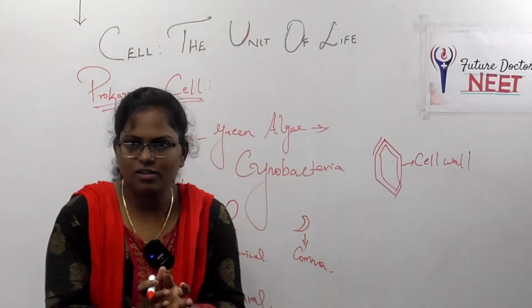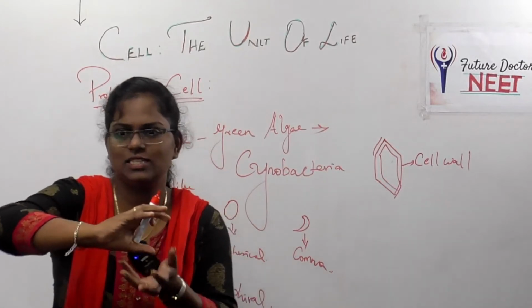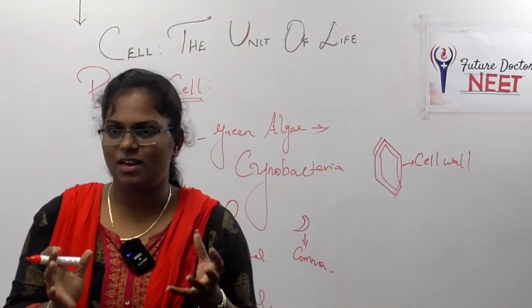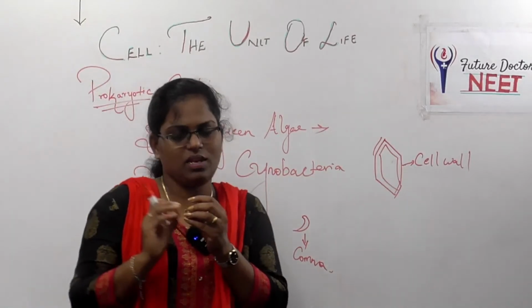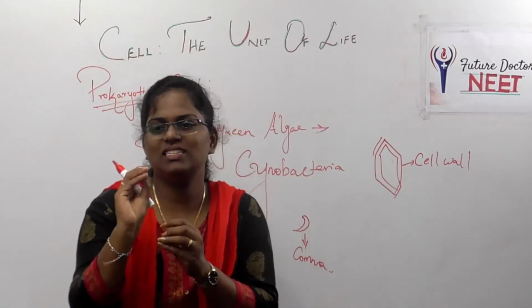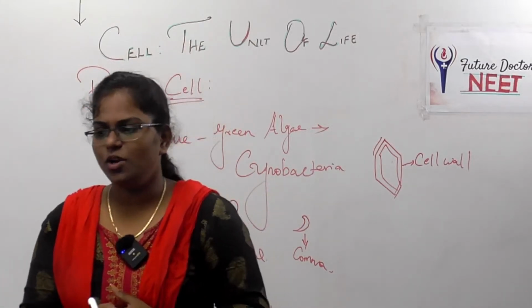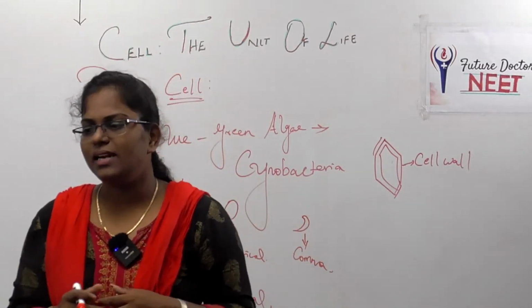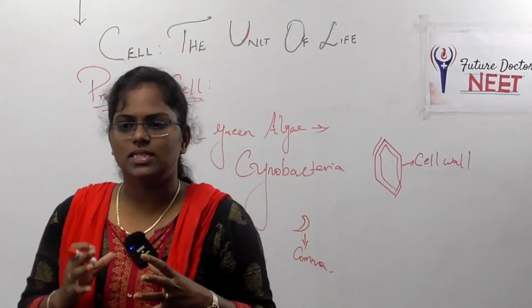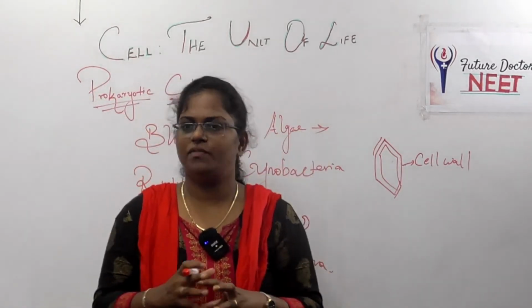Which part of the cell is the ground? The cytoplasm. So the fluid matrix filling the cell is the cytoplasm, because the cytoplasm is full of fluid matrix.